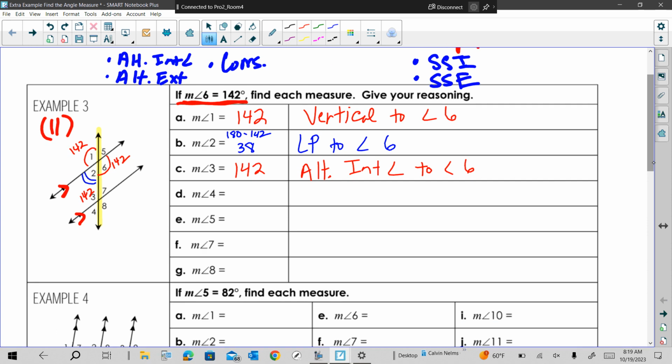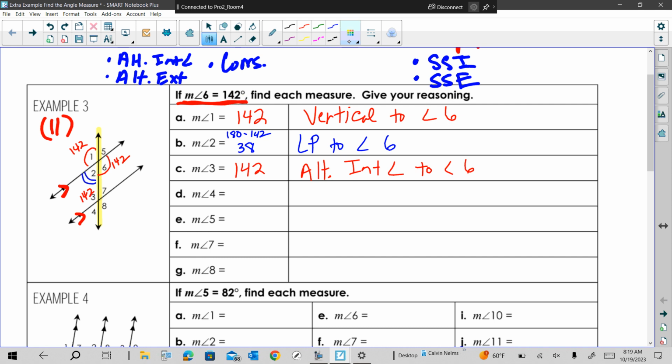Now they want us to look at angle 4. Angle 4 is outside the parallel lines. There's more than one way I can get this, but angle 4 and angle 2 have a relationship because they're both on the left side of the transversal. Do you see how they're in the same position? They're corresponding.